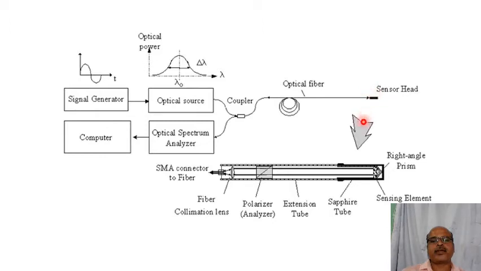This sensor head consists of a fiber, collimation lens, polarizer, extension tube. Then this is a sapphire tube, and this is a sensing element. After sensing the temperature, or any parameter, it is given to the optical spectrum analyzer, and we can record or observe the temperature level on a computer.